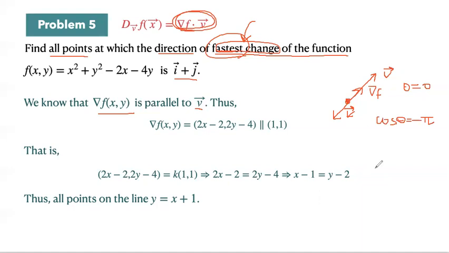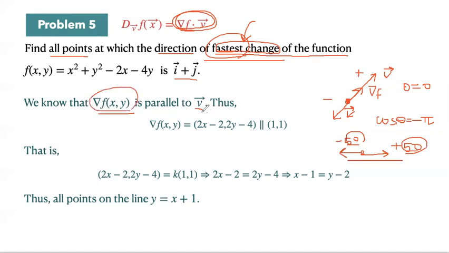Plus 15 miles per hour is moving in this direction, but minus 15 miles per hour is the negative direction. But they have the same speed, 15, right? So when you think about the fastest change, we can think of the minus direction and plus direction at the same time. So it means that gradient f is parallel to v if we think about fastest change.